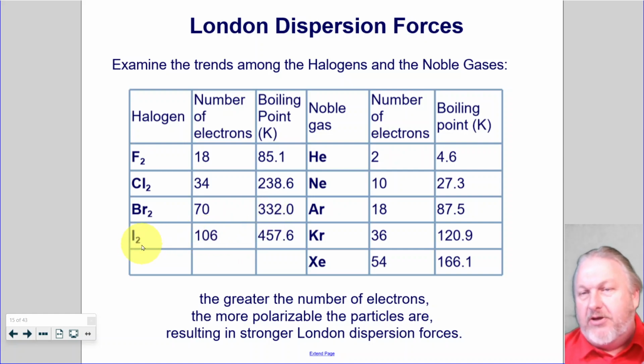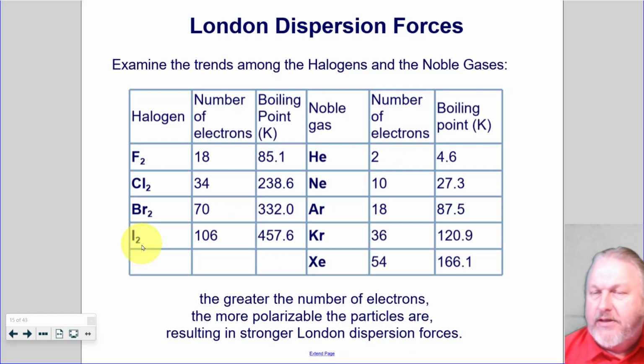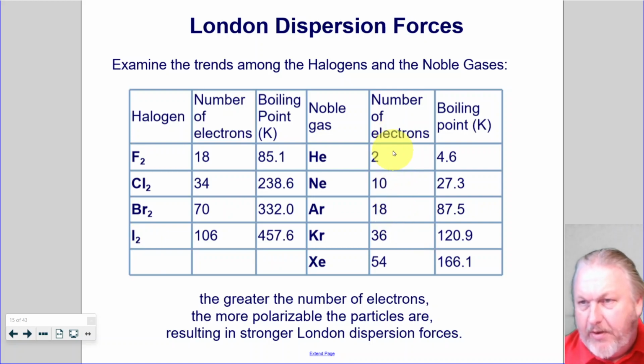Iodine, the largest halogen, has 108 electrons. It's going to have a higher boiling point because of the LDFs, or the instantaneous dipoles. The greater the number of electrons, the more polarizable the particles are, and this will create stronger London dispersion forces. If you look at the noble gases, same thing.